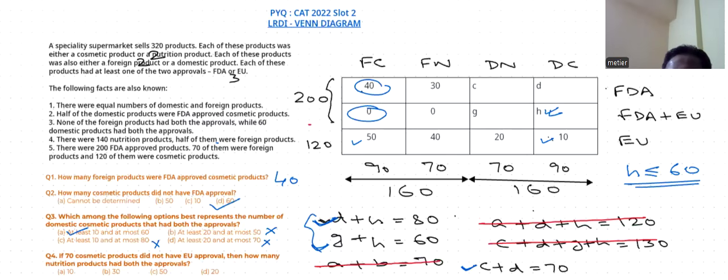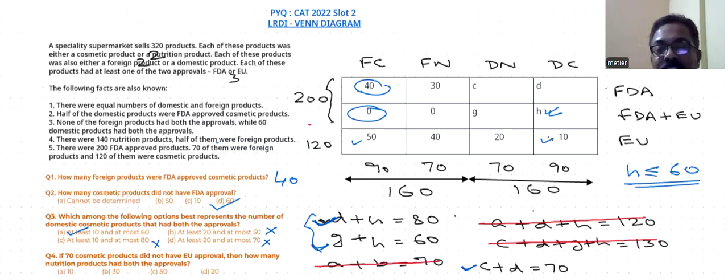But it is not a problem for this particular question. If we had two options with at most 60, then we would have to check the lower value also, by considering the minimum value of H using the other equations. Check it.